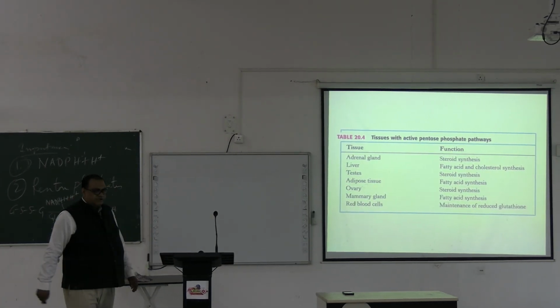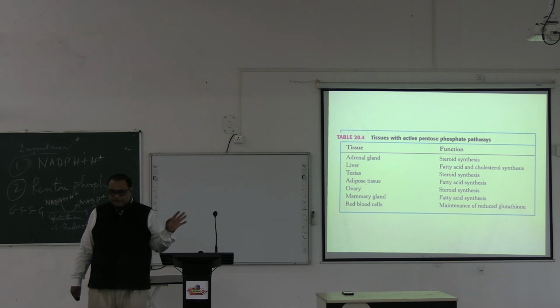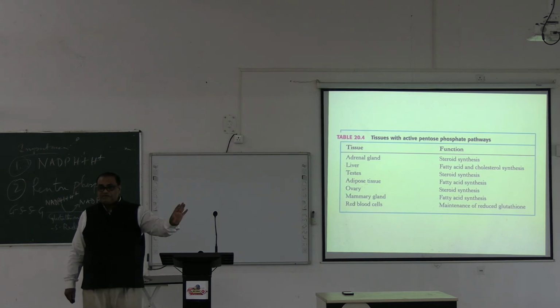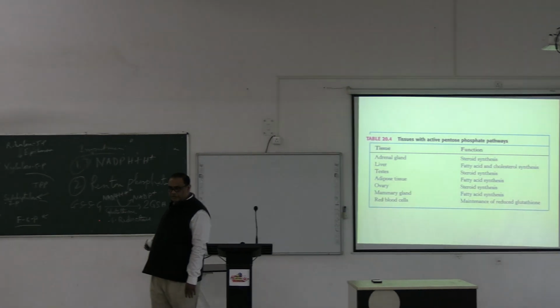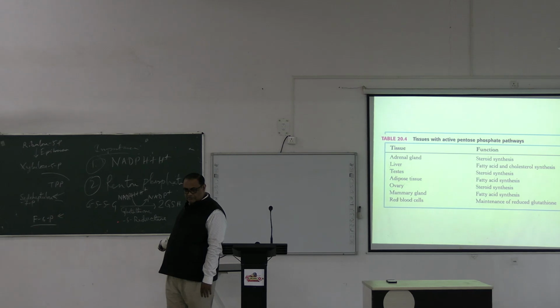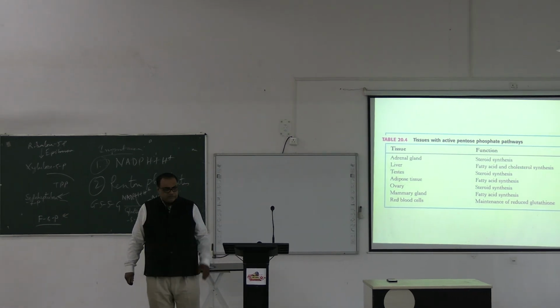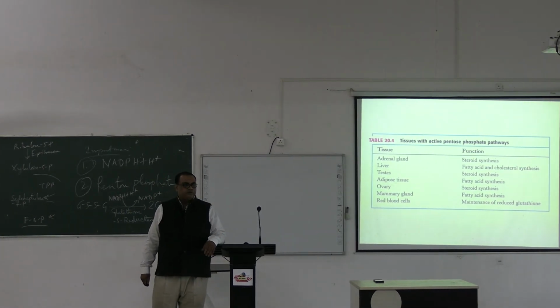Red blood cells produce nothing. It maintains. In RBC it is used up for maintenance of reduced glutathione or membrane integrity.